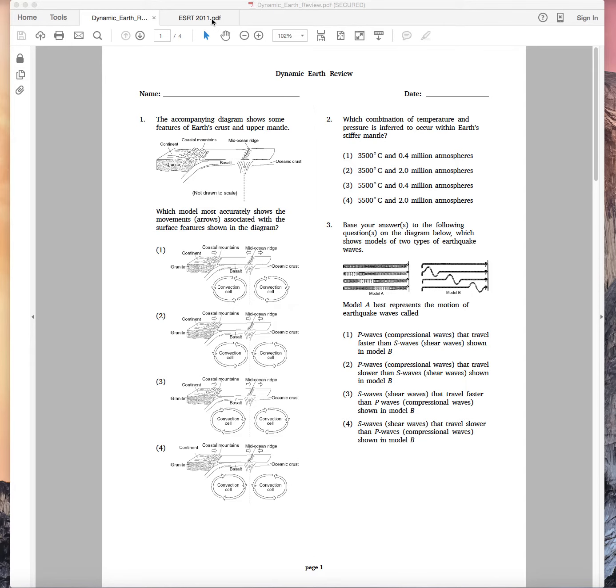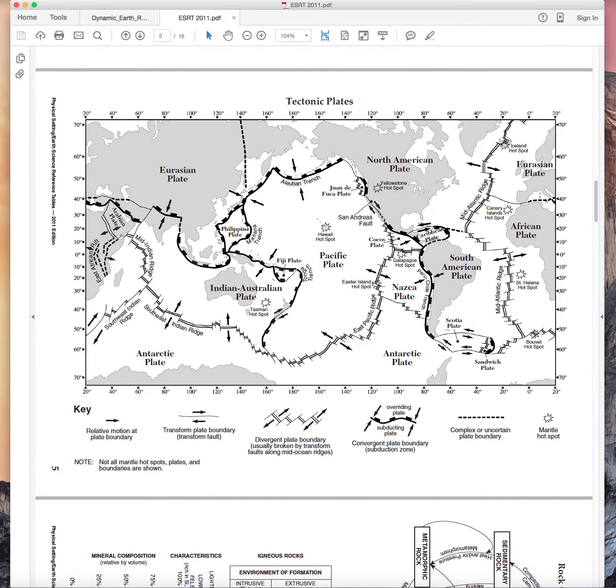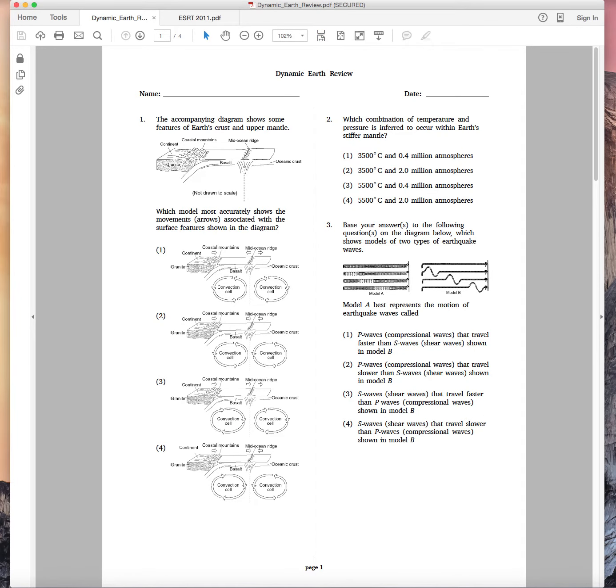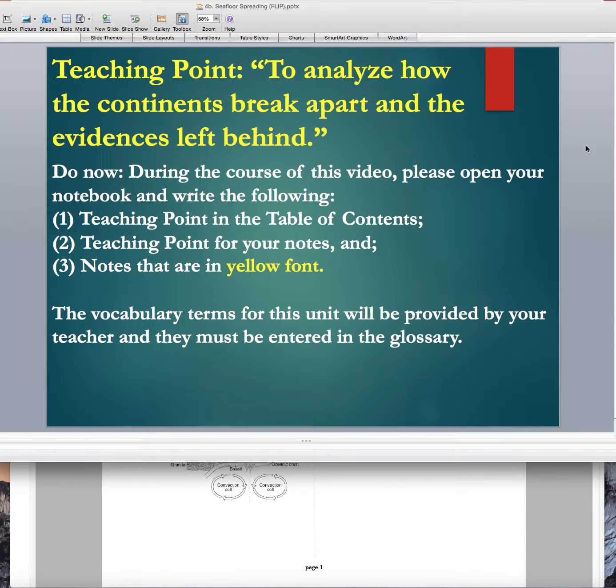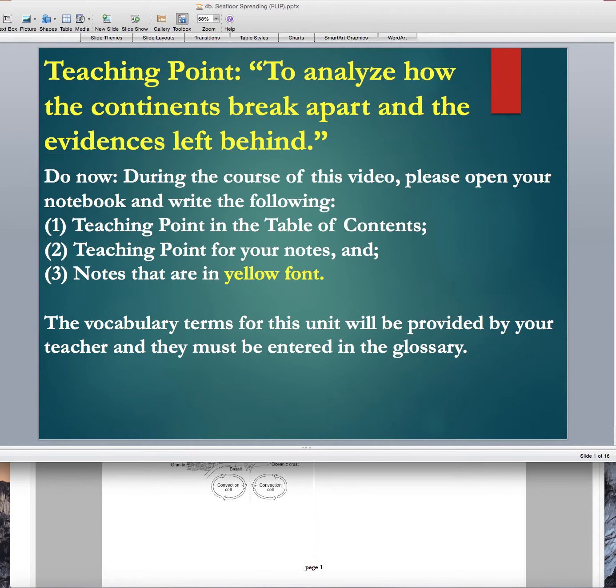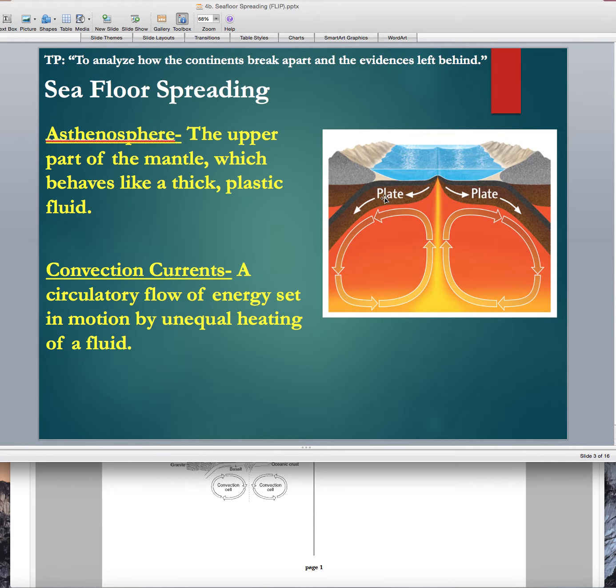Anytime you have a ridge, going to our reference table, all of our ridges, the Mid-Atlantic Ridge, as an example, arrows move apart. Going back to our flip lesson that we had on seafloor spreading, we have molten material, hot magma rises.